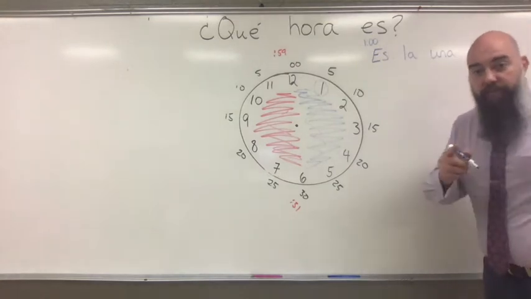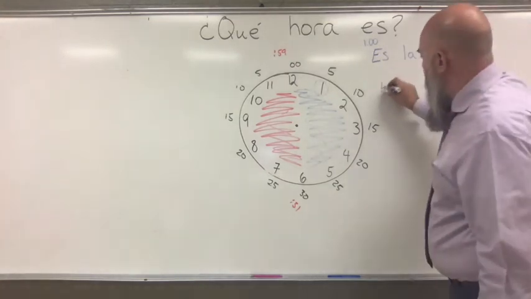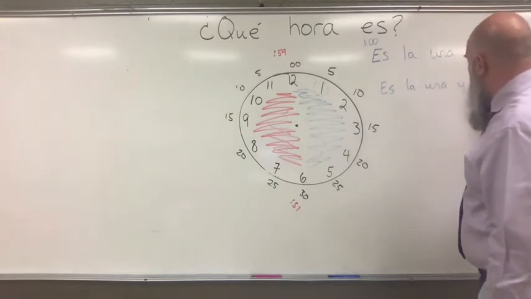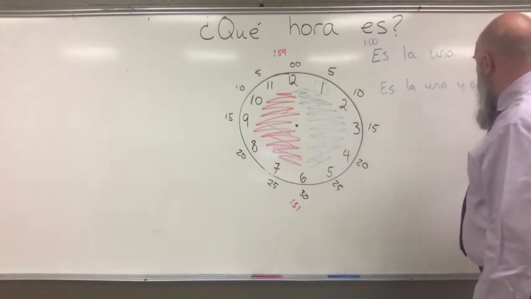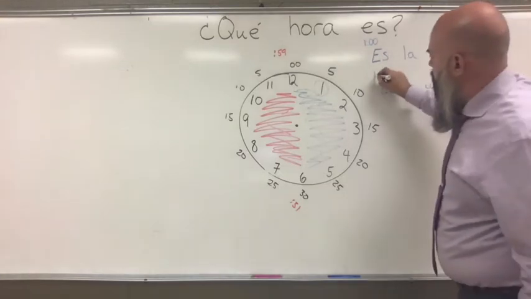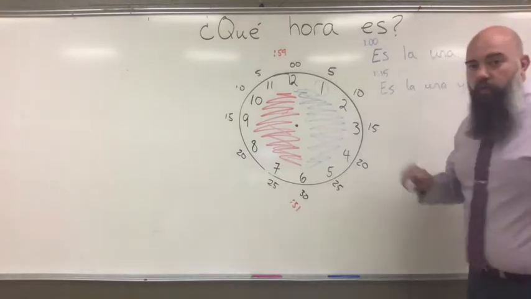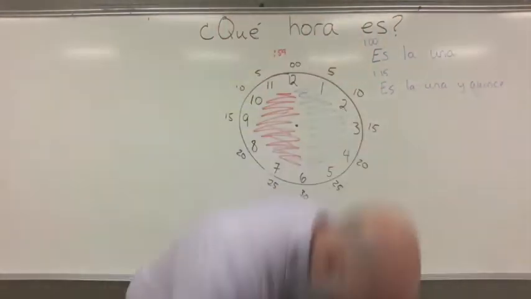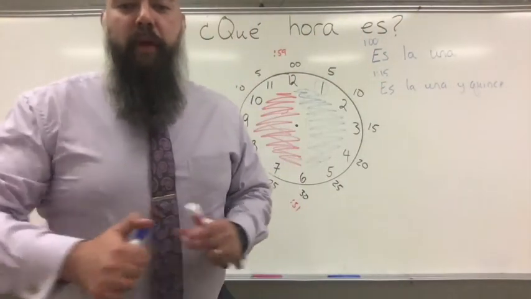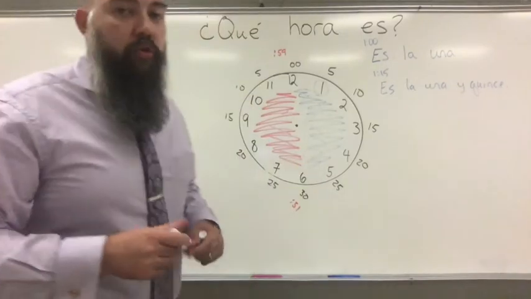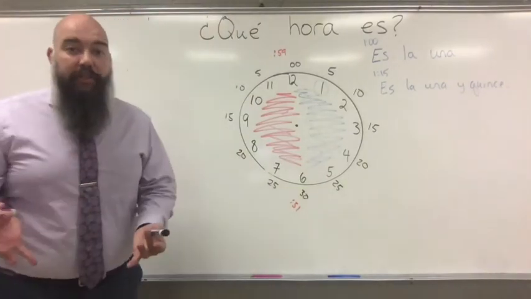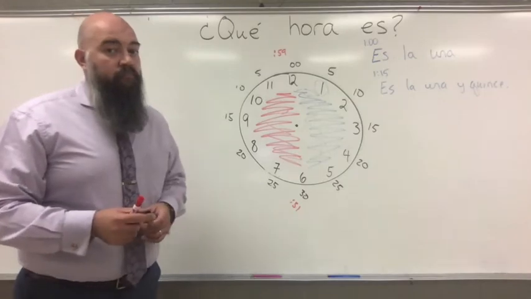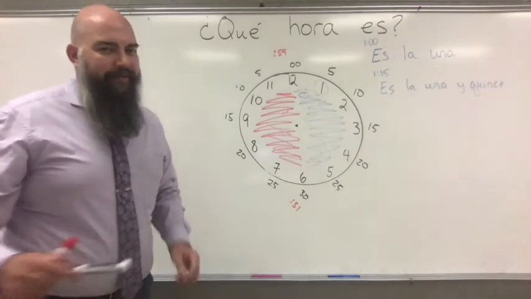And if it's 1:15, es la una y 15. So for the 1 o'clock hour, we must do something a little special. Instead of son las, that we'll use for every other hour, we have to use es la.